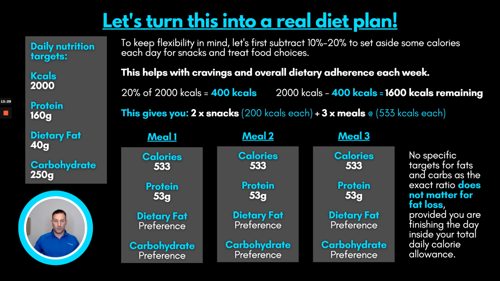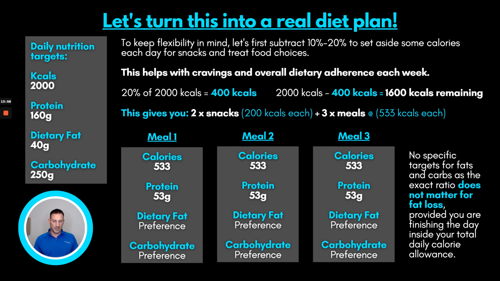We want to try and distribute that protein evenly through your meals and make sure then that we're eating high protein meals. So 533 calories, 53 grams of protein in each meal, and for simplicity's sake, we've just basically divided this perfectly evenly across those meals. It doesn't have to be that way, but this just shows you how we're going to hit your calorie and your protein target over the day.